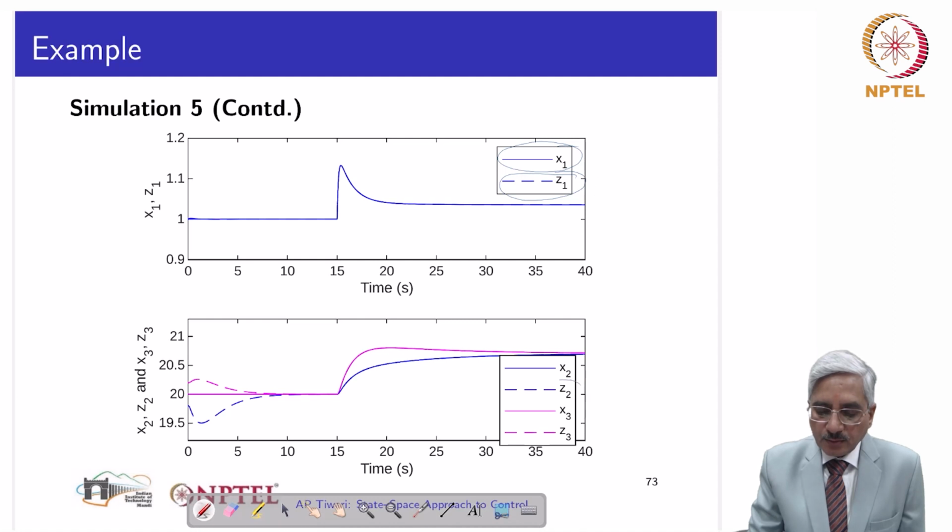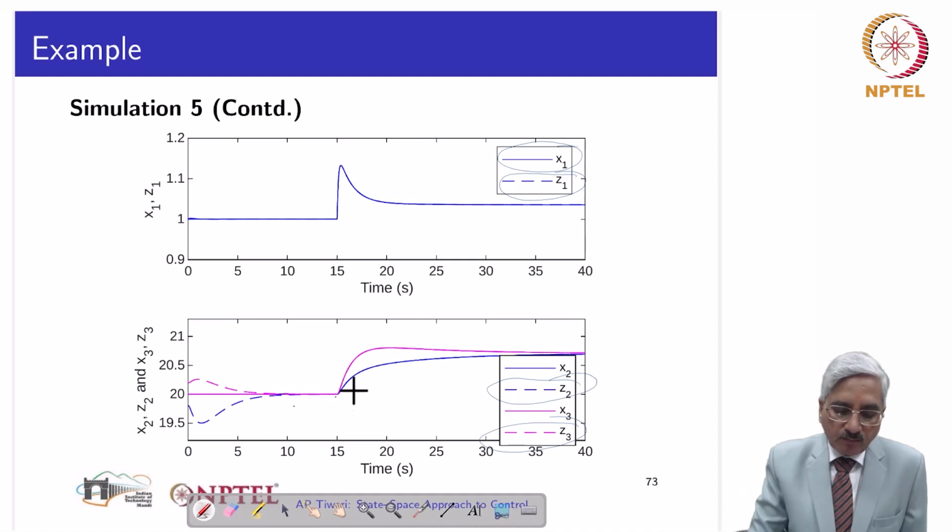And Z2 and Z3, they undergo initial small variation, of course, but again they stabilize a little before the 15-second time that we see. So by the time the step input is applied, the states have converged.